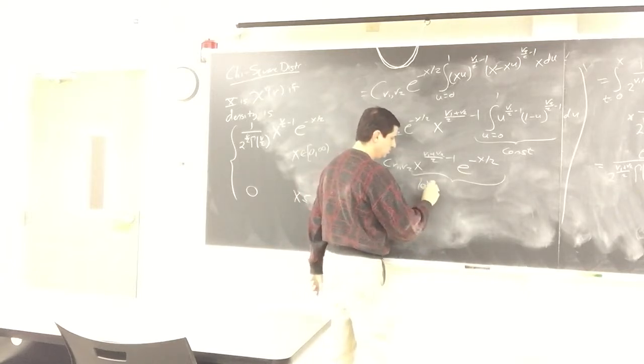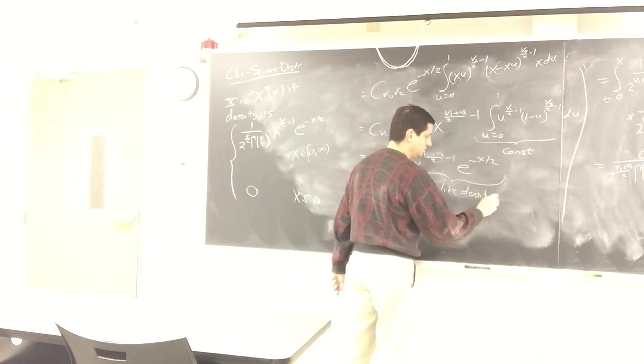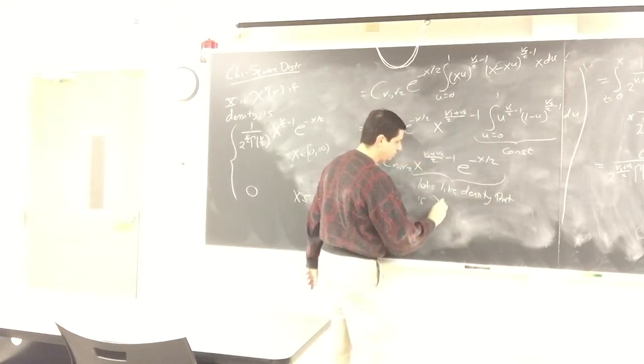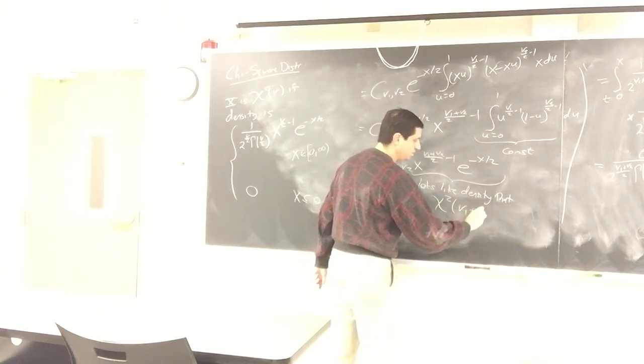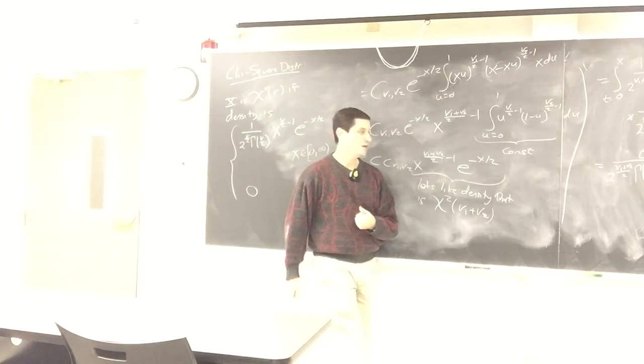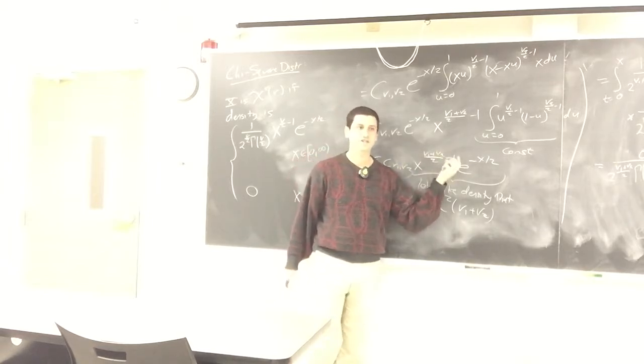So it looks like a density that is a chi-squared random variable with nu 1 plus nu 2 degrees of freedom. So whatever this is over here, it's exactly what I need for this to integrate to 1.